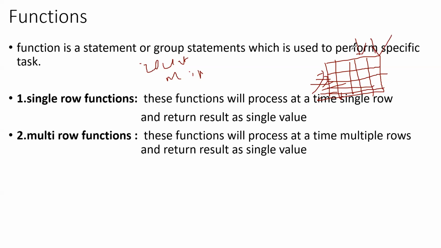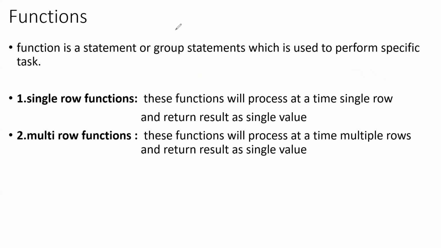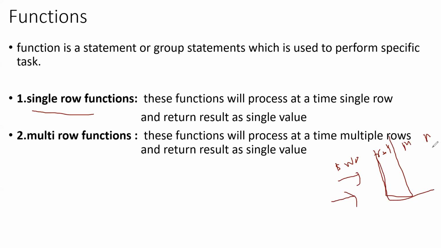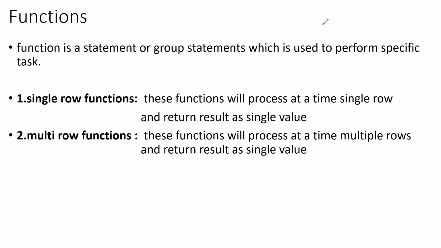You can apply them for the columns also. So for that purpose, we are going to use functions. Here, single row. Let's say student name, roll name, and marks, pass or fail, like that. Now we can apply for a single row as well as single column as well as multiple rows or multiple columns. How can we apply?